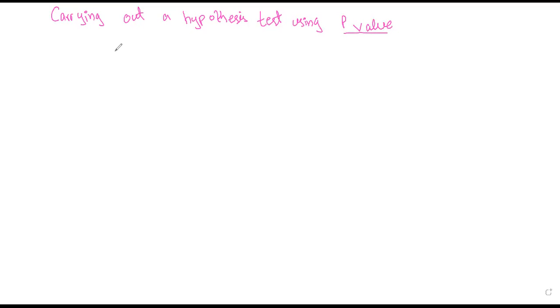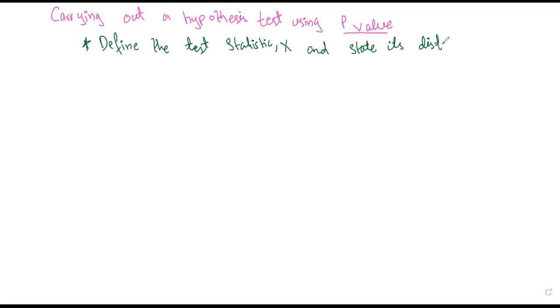So very first step is to define the test statistic X and state its distribution.